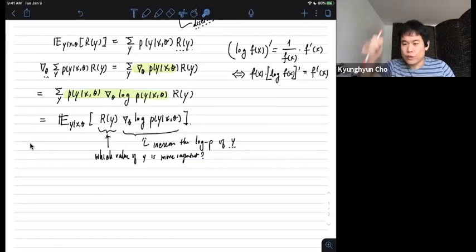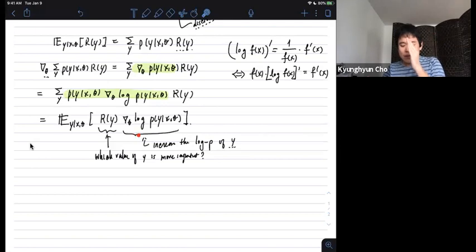If the reward was small, we want the log probability to be low. And then we're looking at this expectation, right? So we're going to look at all possible ways in which we increase the log probability of each and every value of y. For each value of y, we are computing what we should do to the parameters in order to increase the log probability. And we get that for every possible y value.